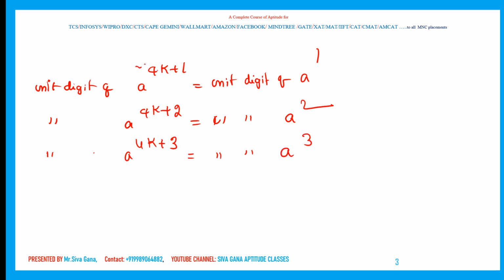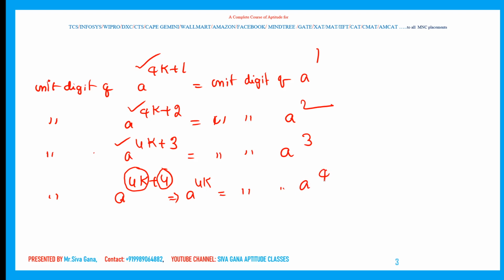The power can be in 4k plus 1 form, 4k plus 2 form, or 4k plus 3 form. Now the unit digit of a power 4k plus 4. A power 4k plus 4 is nothing but a power 4k form, because 4k is a multiple of 4 and we are adding 4. So the unit digit of a power 4k is the same as the unit digit of a power 4.